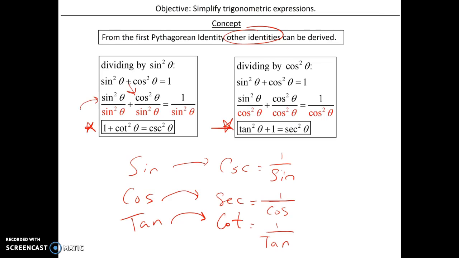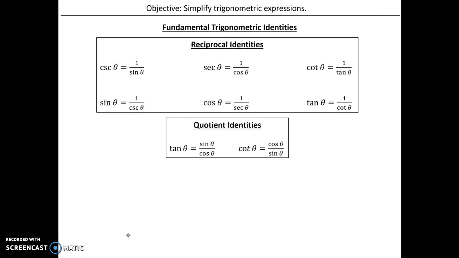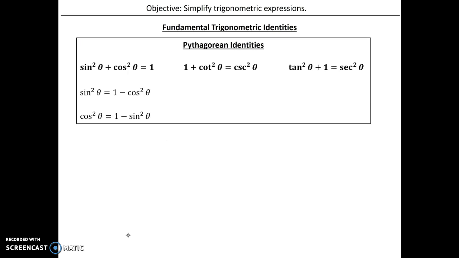Along with these Pythagorean identities, we're going to use reciprocal identities and quotient identities. Again, tangent theta is equal to sine theta divided by cosine theta, and cotangent theta is equal to cosine theta over sine theta. This page is very important in your notes.